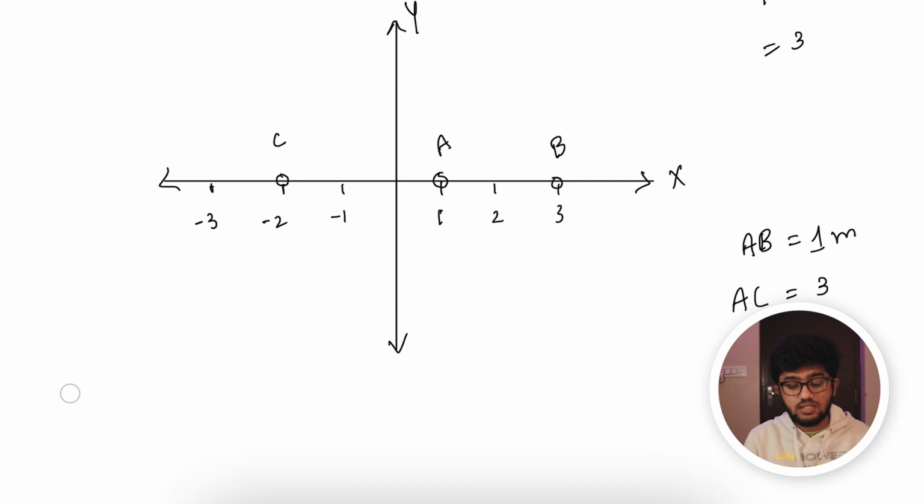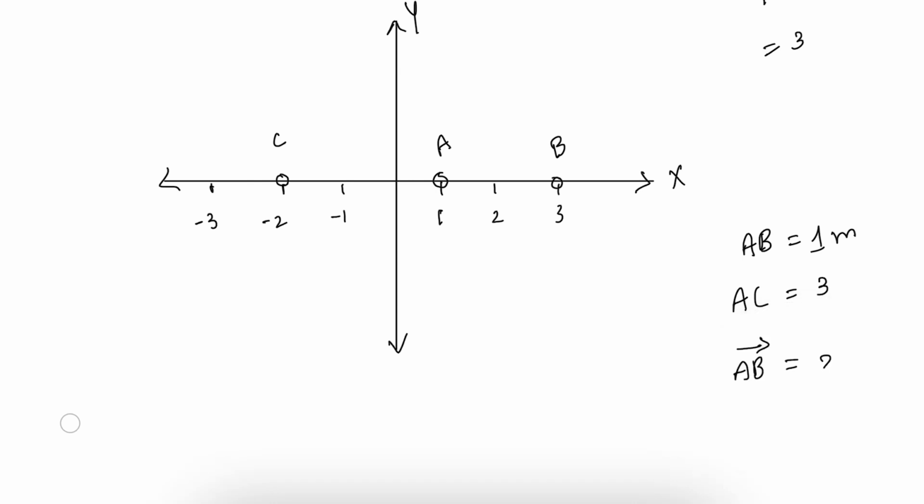Now, if we consider the displacement between A and B, because displacement considers the direction, I'm putting a vector symbol above A and B. Then it is 2 meters. But if we consider the displacement between A and C, it is minus 3 meters.